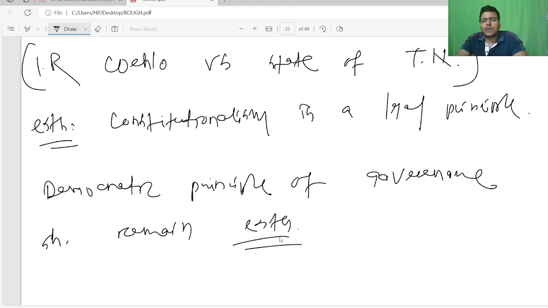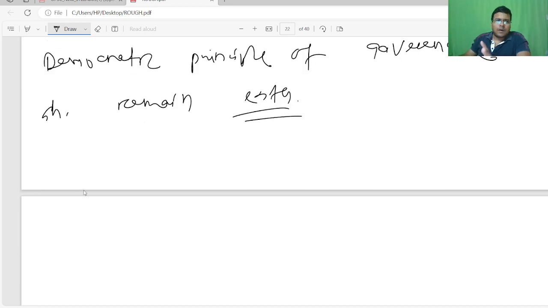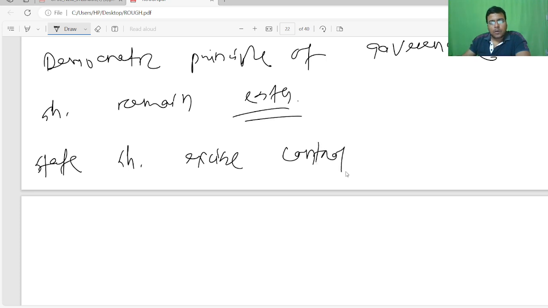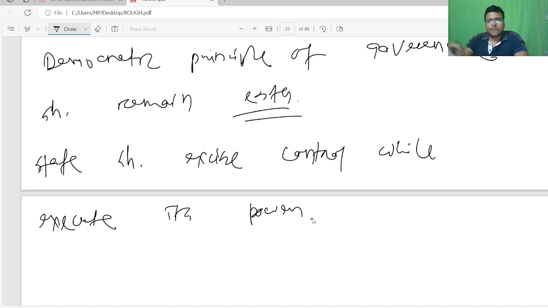Democratic principles of constitutionalism should always be established. And the state should exercise control while executing its power.